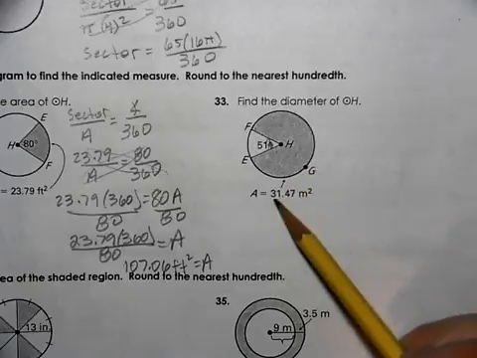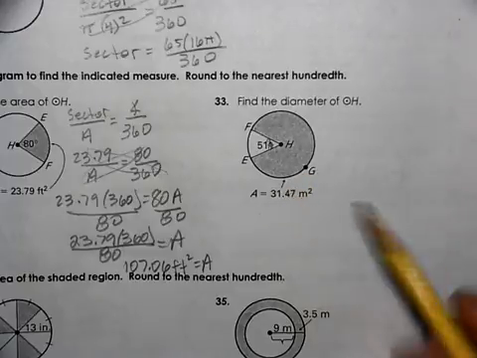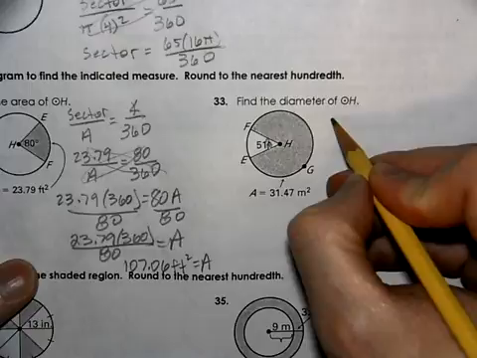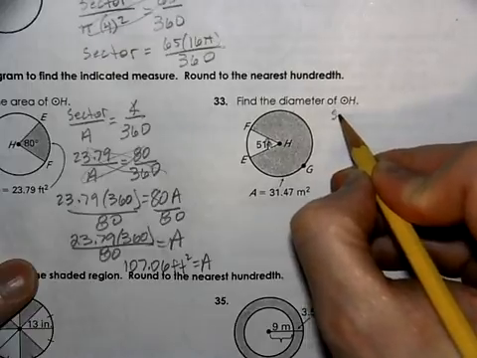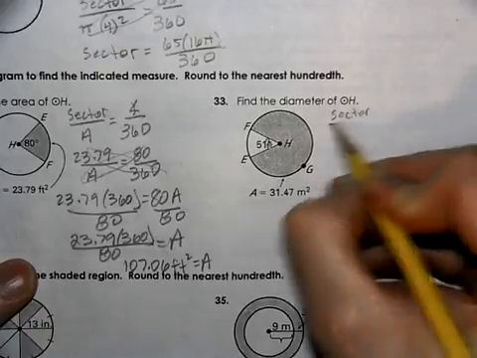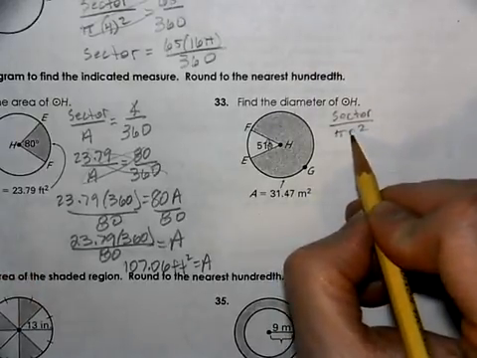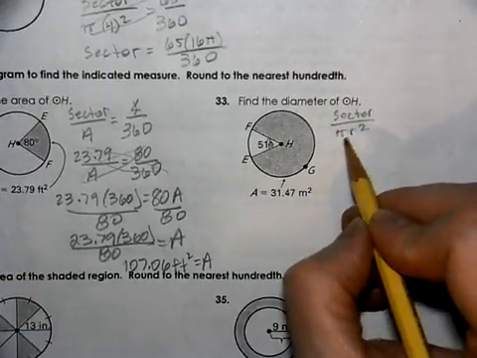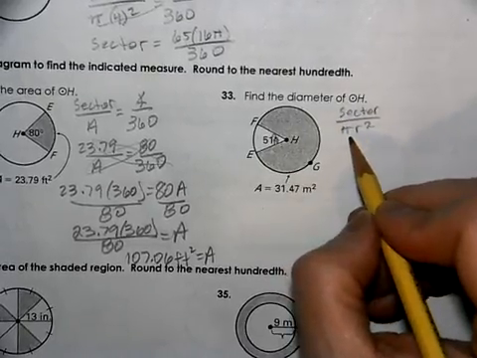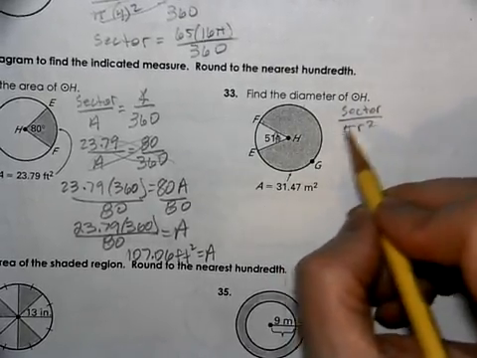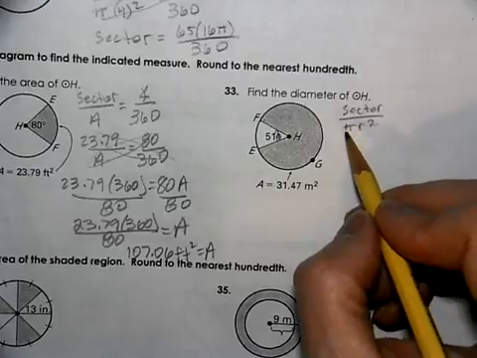The area of this sector is 3149. So I have a sector over pi r squared, because I'm looking for the radius, so then I can find the diameter. I know it's pi r squared and not 2 pi r because we're dealing with area.